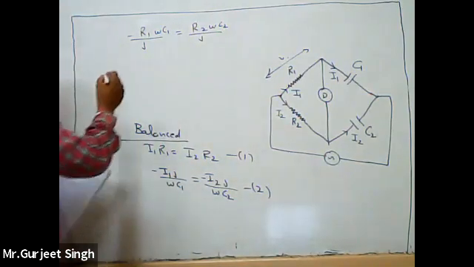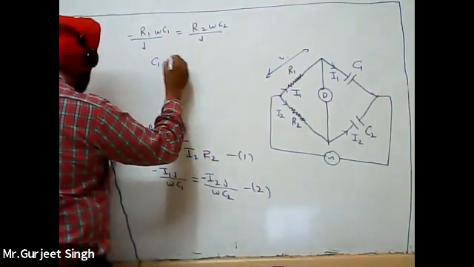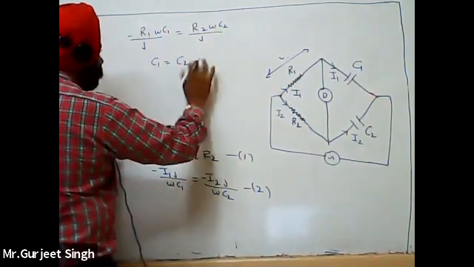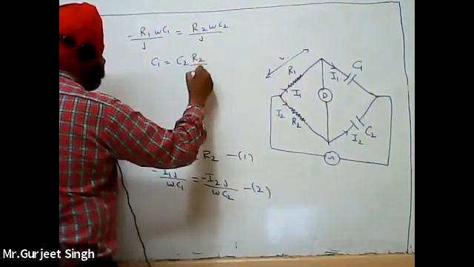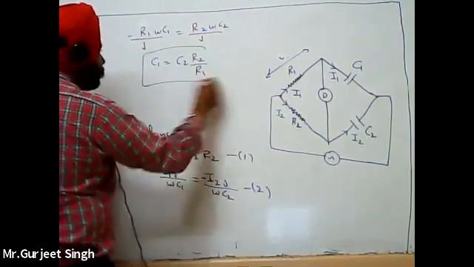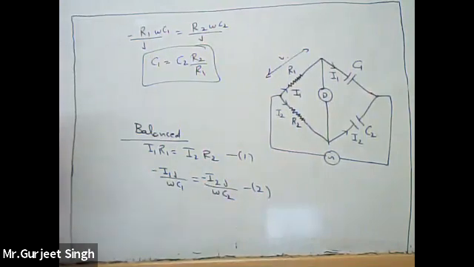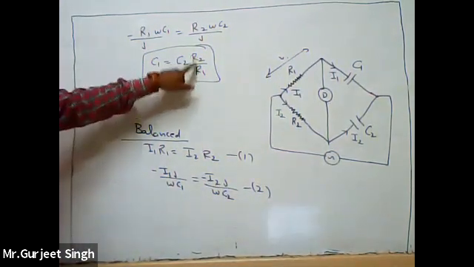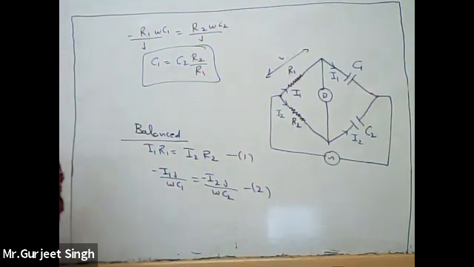From this equation we find the value of C1 is equal to C2 R2 divided by R1. So this is the value of the unknown capacitance: C1 is equal to C2 R2 divided by R1.